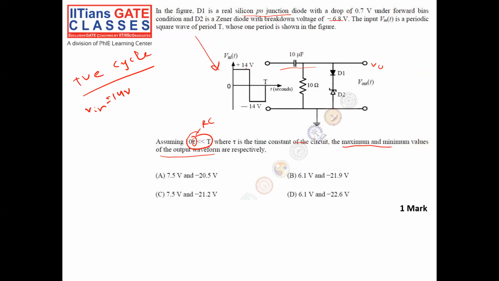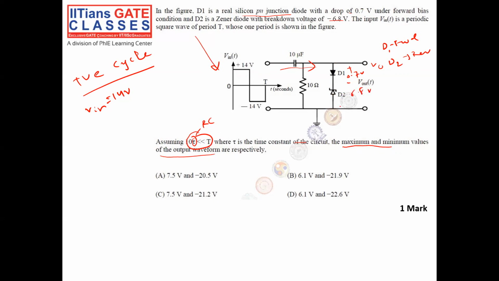The instant I apply 14 volt, it will charge quickly, and when I apply positive bias, D1 will be forward biased and D2 will be reverse biased. When D1 is forward biased, the drop will be 0.7, and when D2 is reverse biased, the maximum here will be 6.8 volt.